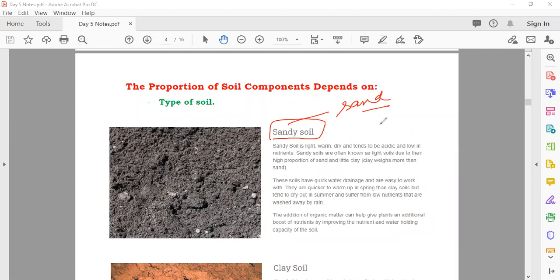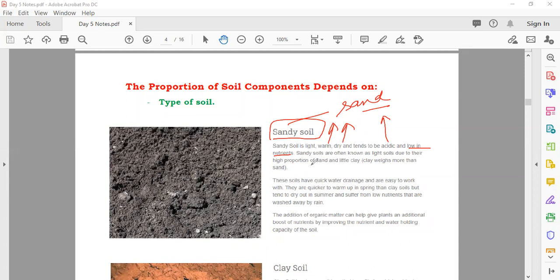It means nutrients are very low. If you want to cultivate some crop, due to the deficiency of nutrients maybe you will not get a good crop. Sandy soils are often known as light soils due to their high proportion of sand.